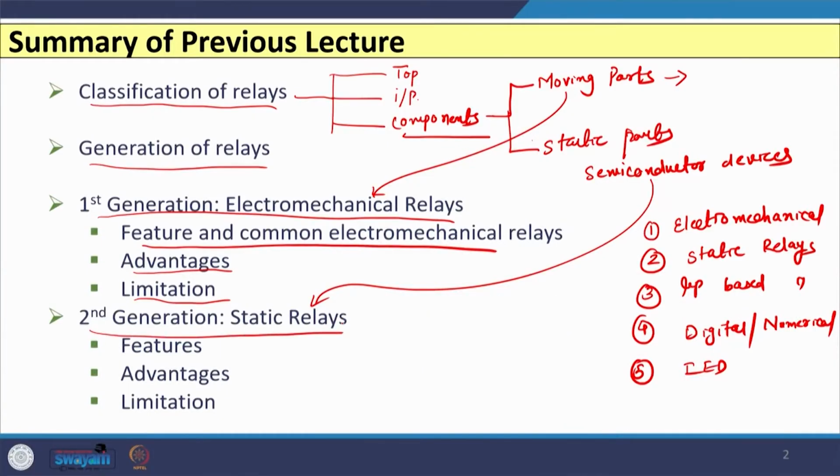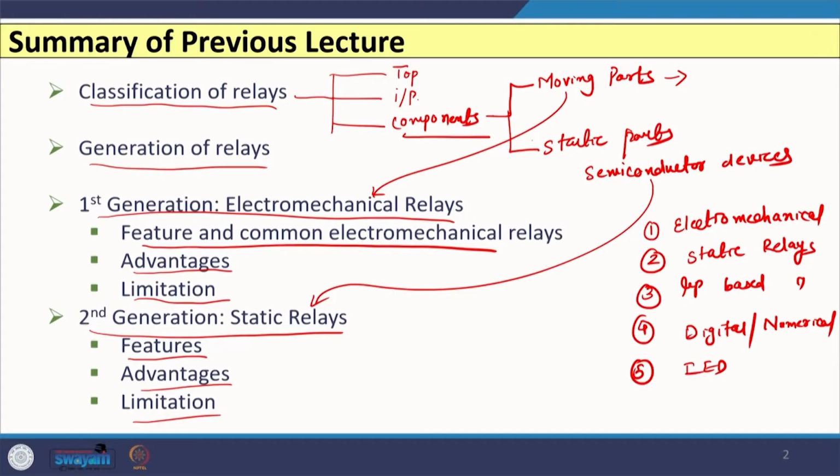After that we have discussed the second generation of relays, that is static relays, and we have discussed the features, advantages and limitations of static relays. In that we have discussed that static relays are better compared to electromechanical relays because they do not contain any moving parts, and this relay has other features also.